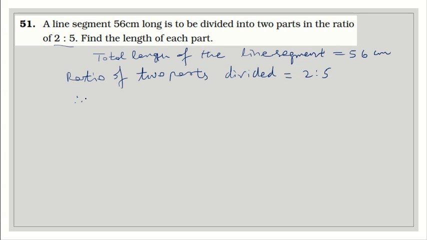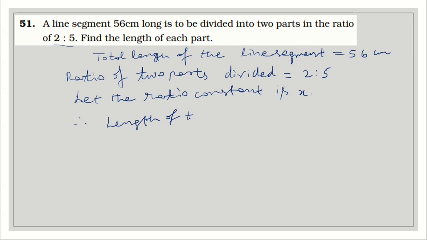Therefore, we assume, whenever we are given a ratio, you better assume let the ratio constant is x.